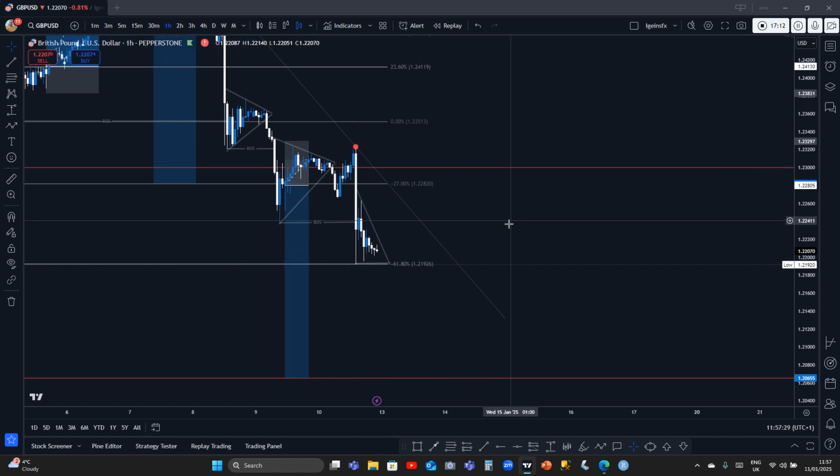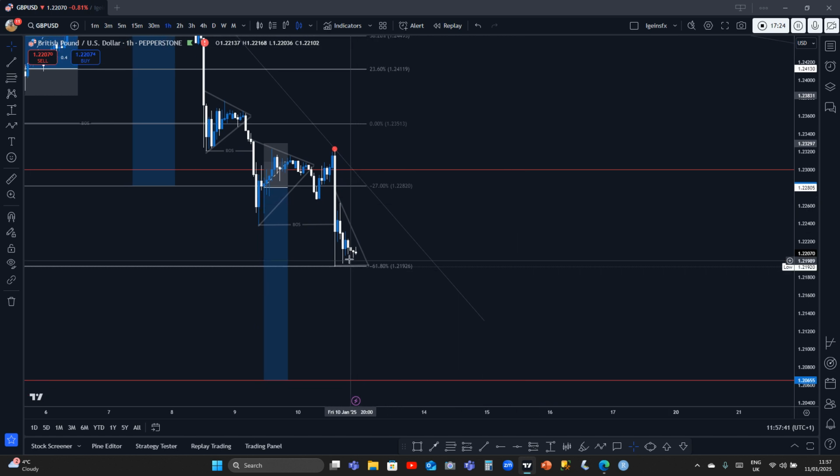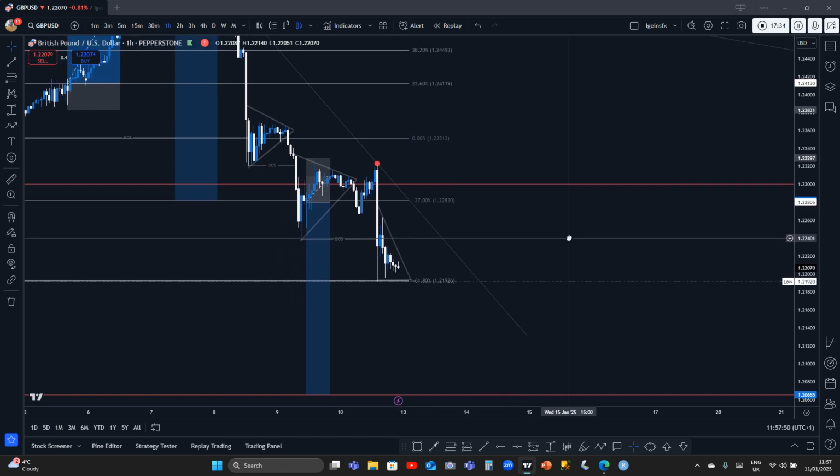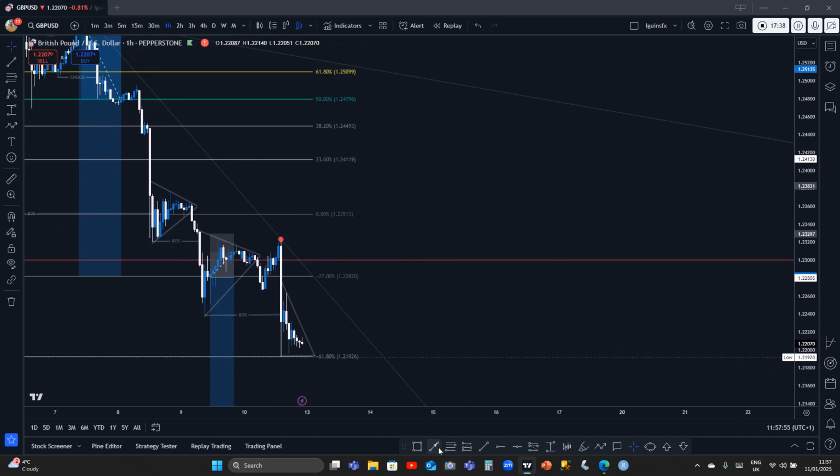A descending triangle simply means that the price is coming down, but it will start rising. So you don't need to panic when you see that price turns from here, because first TP hit, second TP hit. So what you should be expecting is a bullish run to the upside.